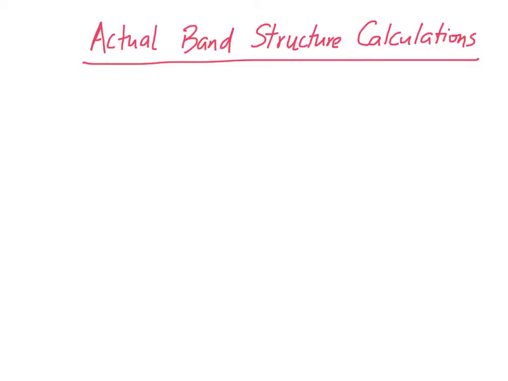Hello again, everybody. In the last few lectures, we talked about how one could go about computing the band structure of periodic solids using a couple of very powerful but also somewhat elementary developments. One was the nearly free electron method, and the other one was the tight binding method.